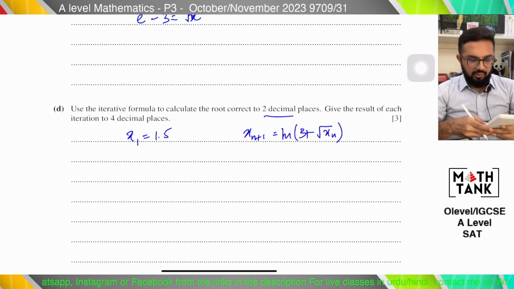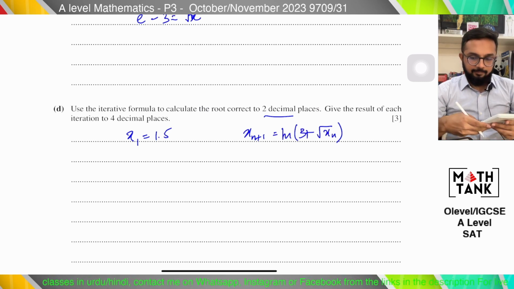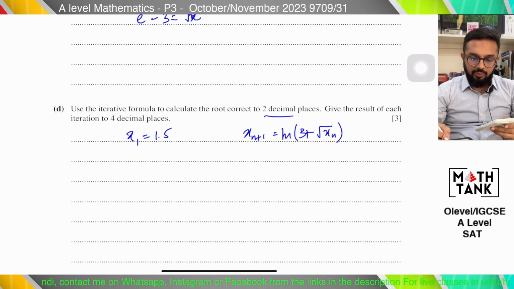I'm going to do the entire thing on my calculator and that's how you should do it too. 3 plus root of 1, 3 plus root of answer. Okay, so x2 is 1.4410. That approximately rounds off to 1.44.